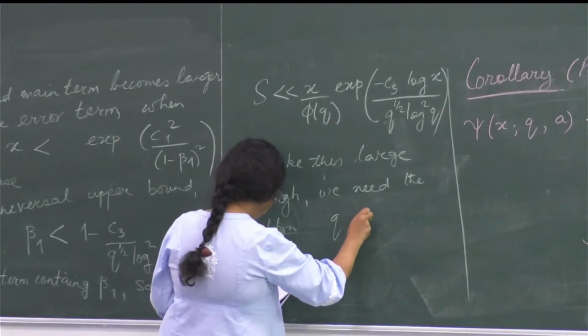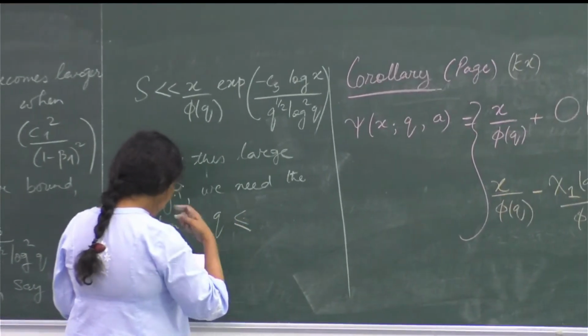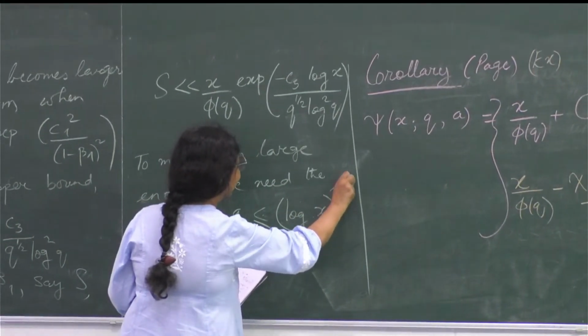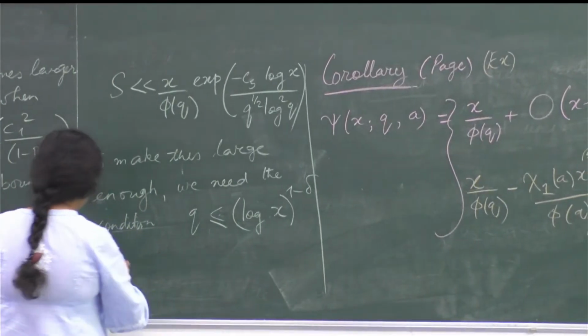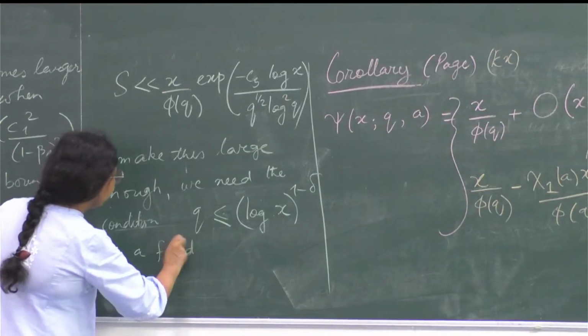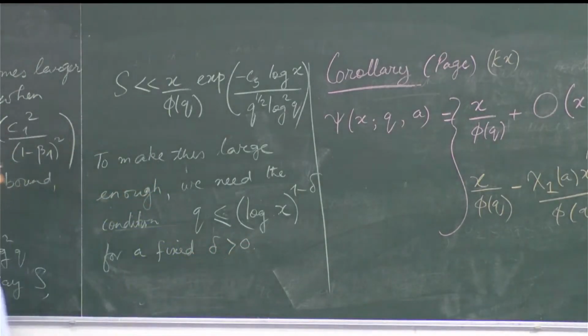Q should be less than or equal to log x to the power 1 minus delta for a fixed positive delta. Now that is bad. To make q less than log x to the power 1 minus delta, no one can say that that's a good bound. It's a big constraint. So the theorem as it stands here has this big constraint.